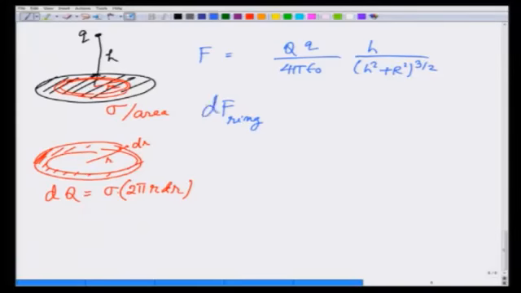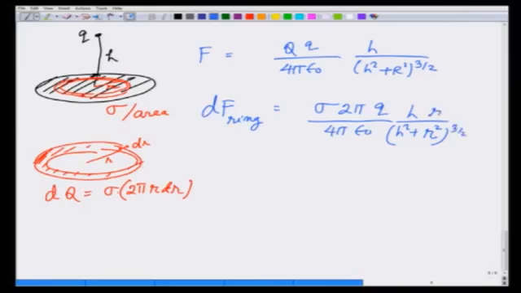or let us write differential force, is going to be dq, which is sigma times 2 pi q over 4 pi epsilon 0 times h over (h square plus small r square) raised to 3 by 2, and there is a r dr, which is this term which I have written out here to facilitate integration.